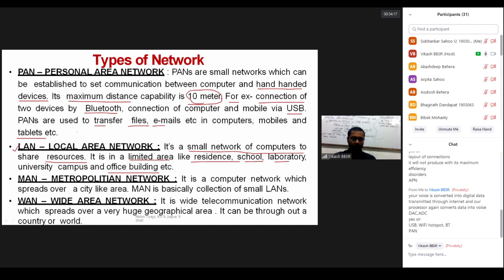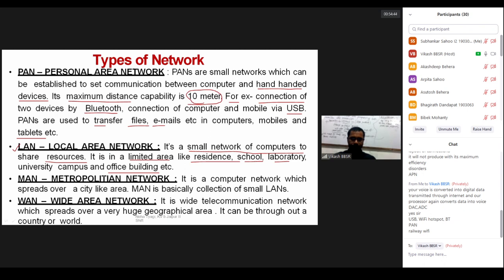You can say MAN, Metropolitan Area Network. Generally, in one city, one town, MAN is the collection of small LANs.